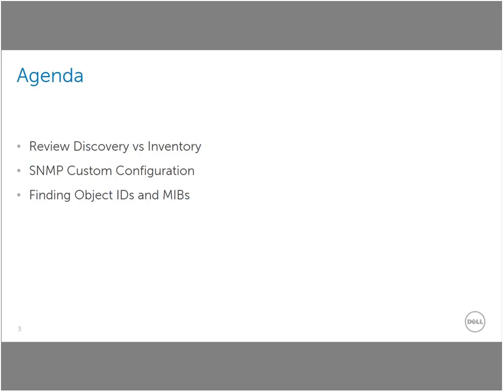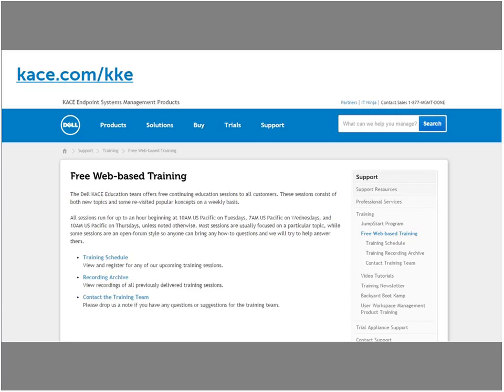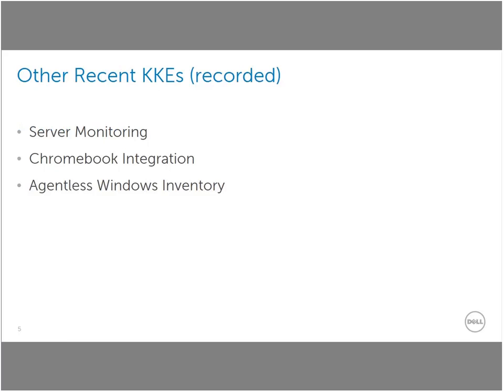This session is going to be recorded along with other deeper dives on K1000 version 6.3, which are available on the KACE continuing education page at kace.com/KKE. There are some I've done recently on new features that came out with 6.3 that we have a lot of questions about.